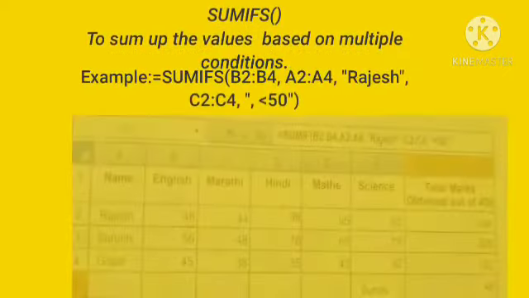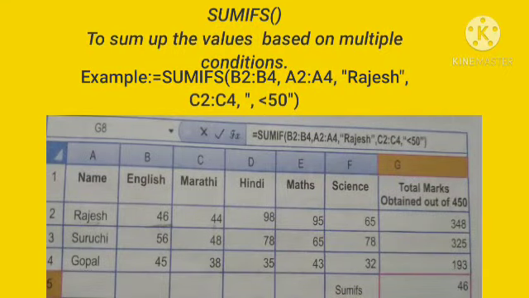SUMIF sums up the values based on a single condition. Means students, in SUMIF we can give a single condition, and SUMIFS sums up the values based on multiple conditions. Here we can give multiple conditions. Example: equal to SUMIFS(B2:B4,A2:A4,"Rajesh",C2:C4,"<50").